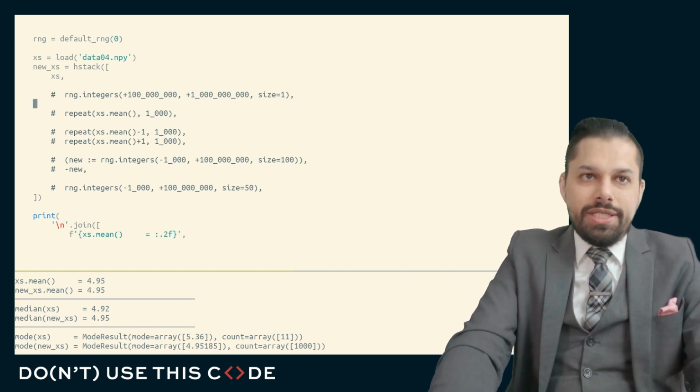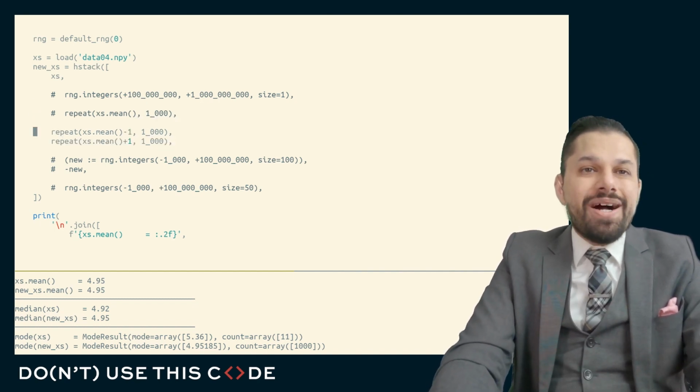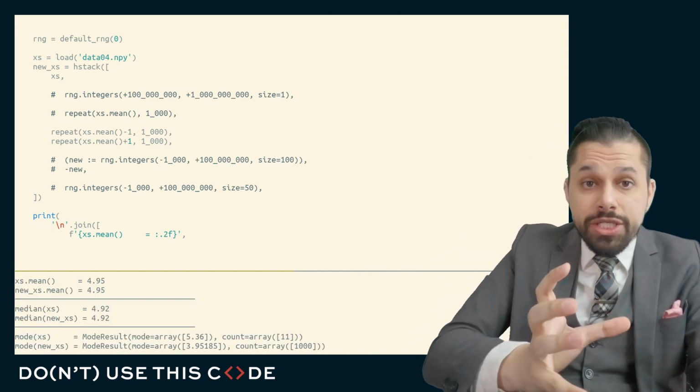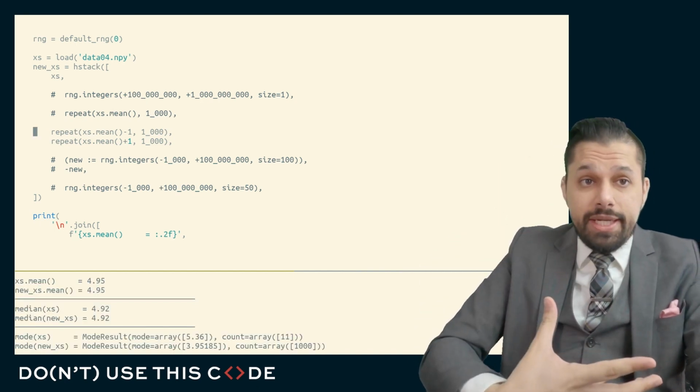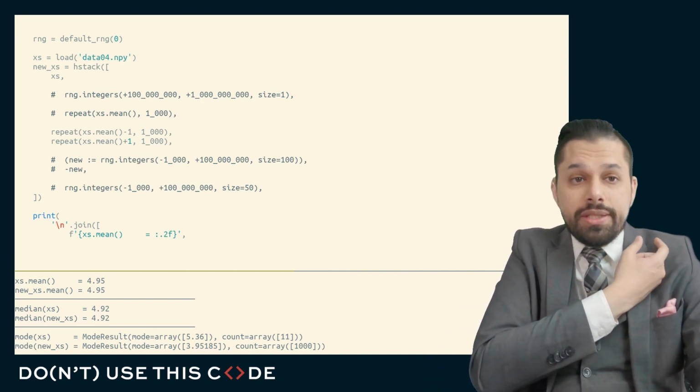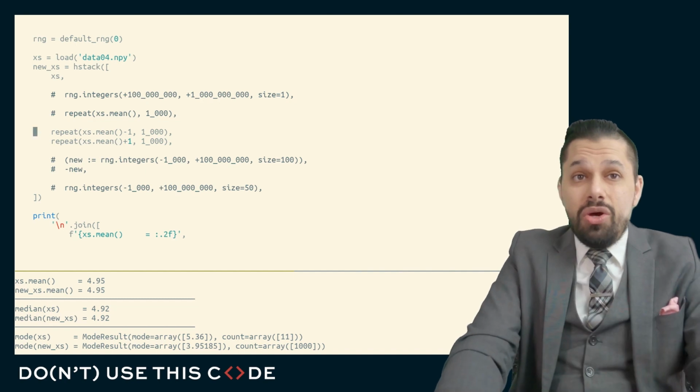In a very similar sense, if we were to add values above and below the mean, we had a bunch of values above the mean and a bunch of values below the mean, we are changing the data set. We're adding a bunch of values to this data set. You can see the mean doesn't change, the median doesn't change, but we can change the mode.